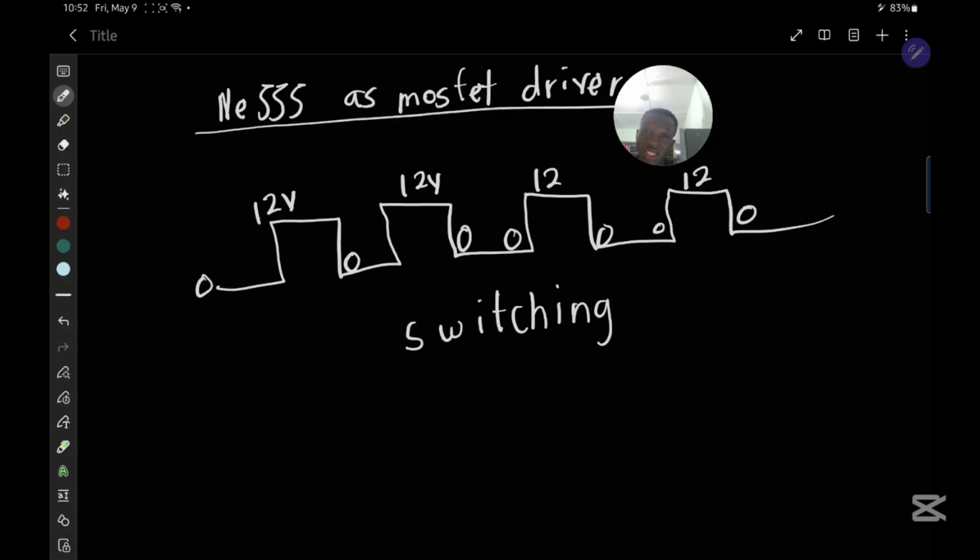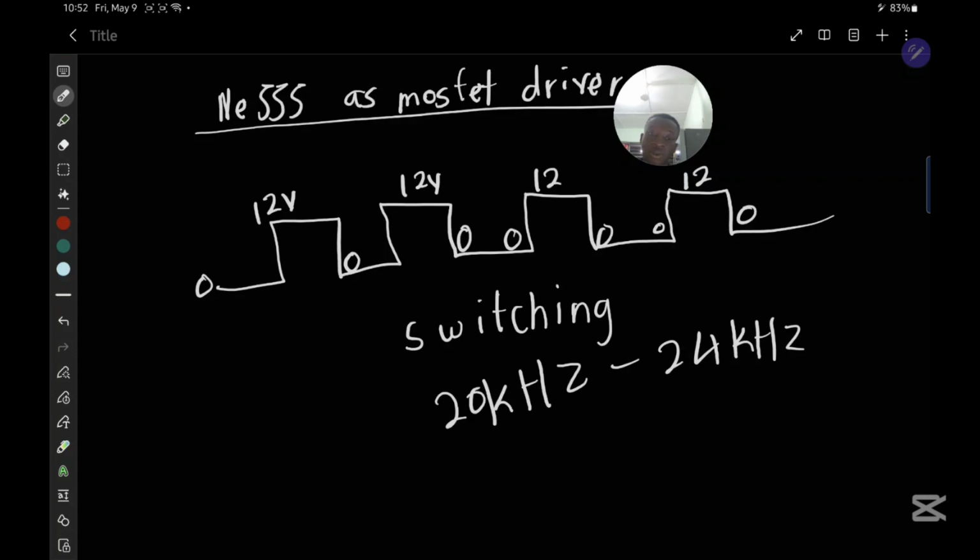So you are switching at around kilohertz speeds, so very fast. At 20 kilohertz and above, you are at ultrasonic speeds, which a human being cannot do by himself or herself.